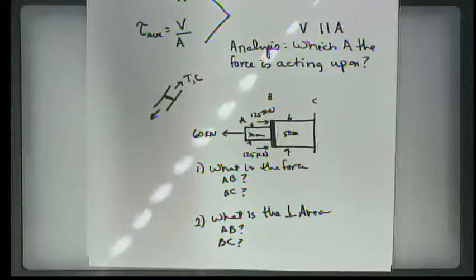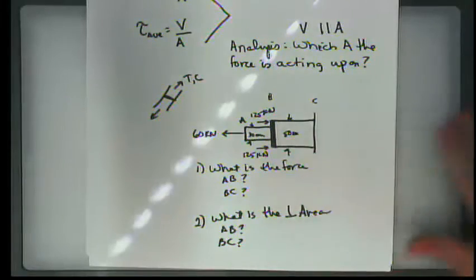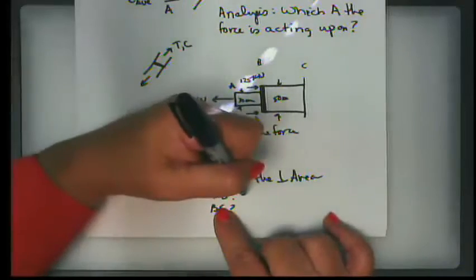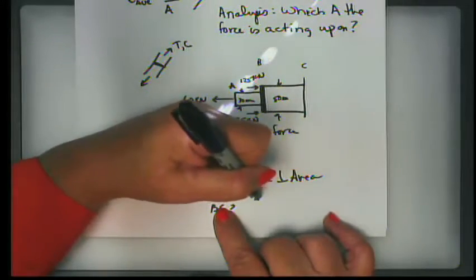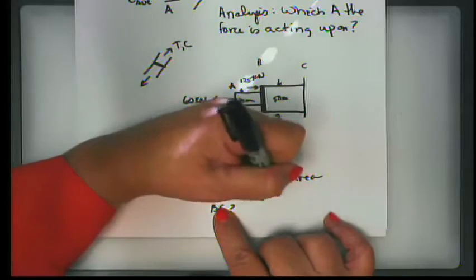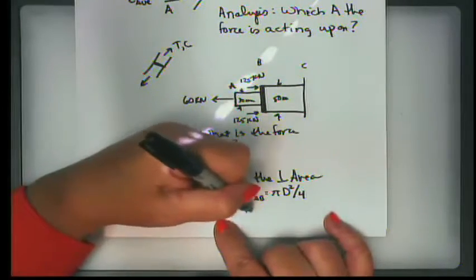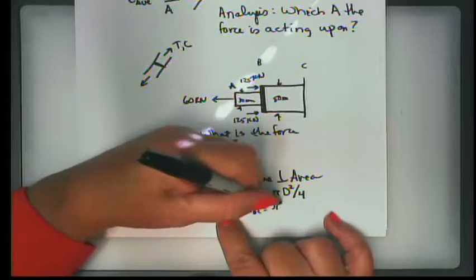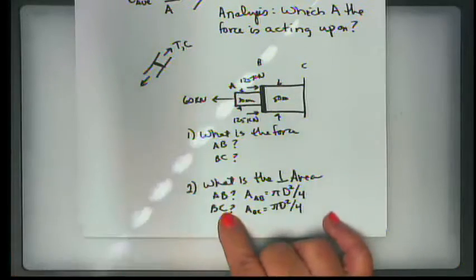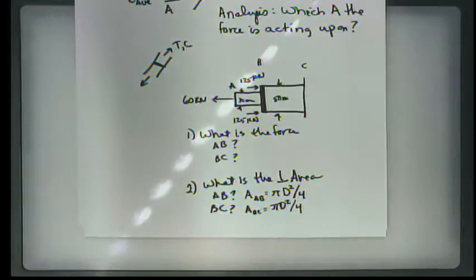Okay. In this case, the areas are quite easy to answer. They're cylinders, so we're given a diameter. So the area of AB is equal to pi r squared, or pi d squared over 4. And the area of BC is pi d squared over 4. Now, as a recommendation to you, because we want to come out with units of stress, which are going to be Newton per meter squared, which are pascals, I recommend that you find the areas in meters squared.